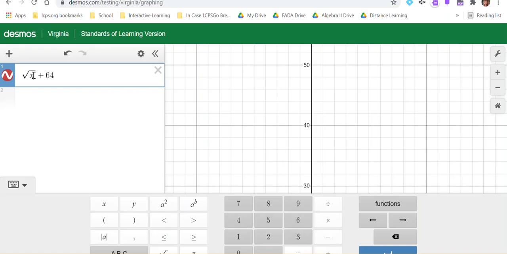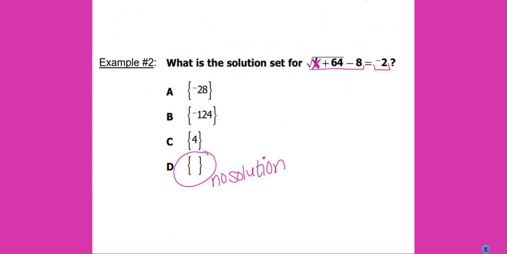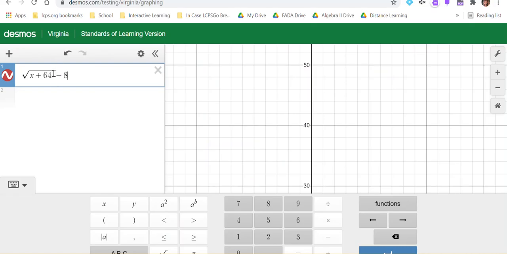Oh, we wanted that underneath. The minus 8 is what's outside. So make sure, see how the square root ends right here, that it also ends after the 64 on here.